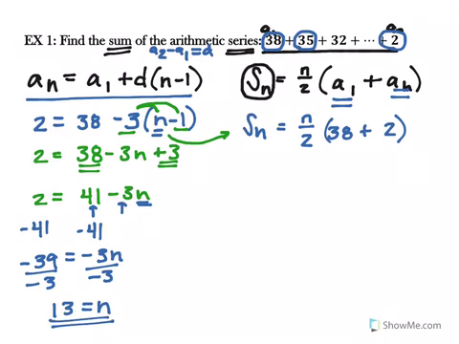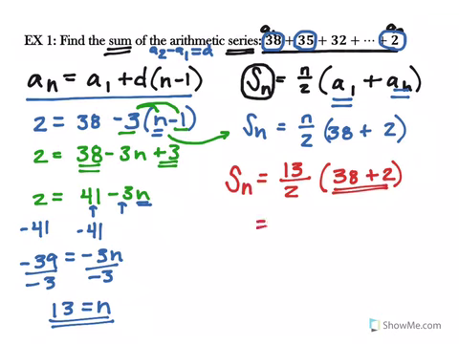Now that we know what n is, we can plug that into our sum formula. So S sub n is equal to that last missing piece, n is 13, divided by 2, times 38 plus 2. We still want to use order of operations, so add inside the parentheses first: 13 divided by 2 times 40.